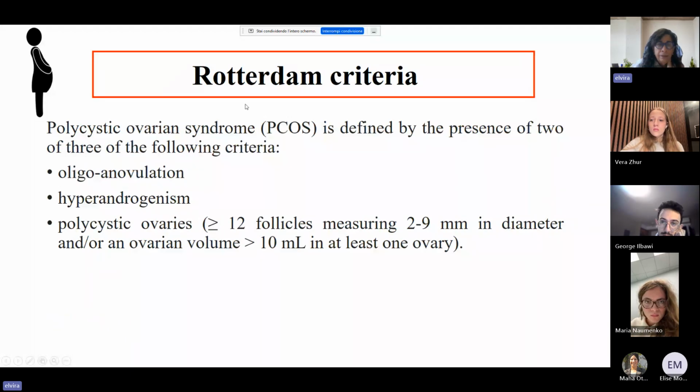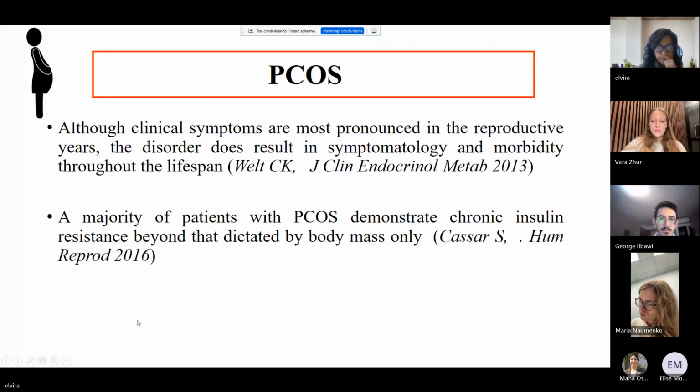These are the most recent international criteria for diagnosis of the syndrome, and in presence of 2 out of 3 criteria, we can diagnose this syndrome.